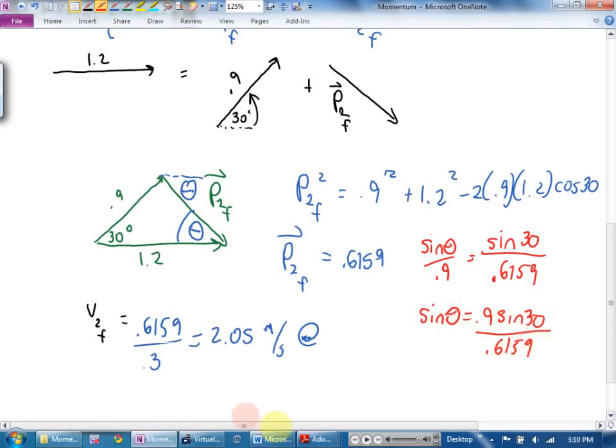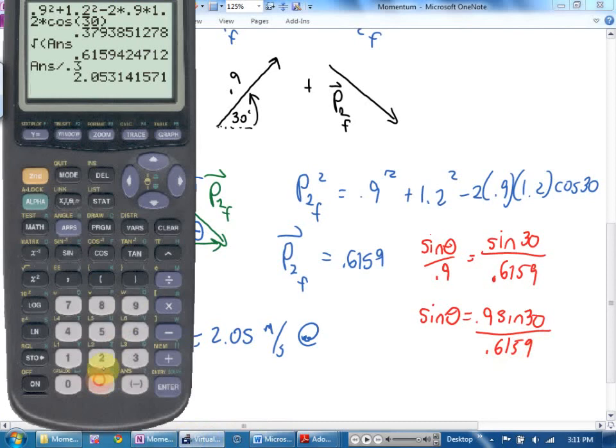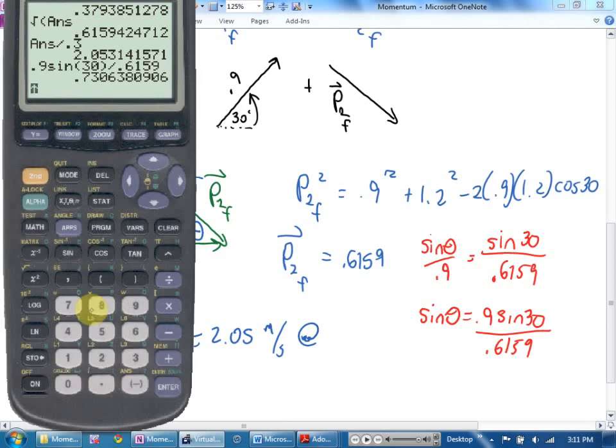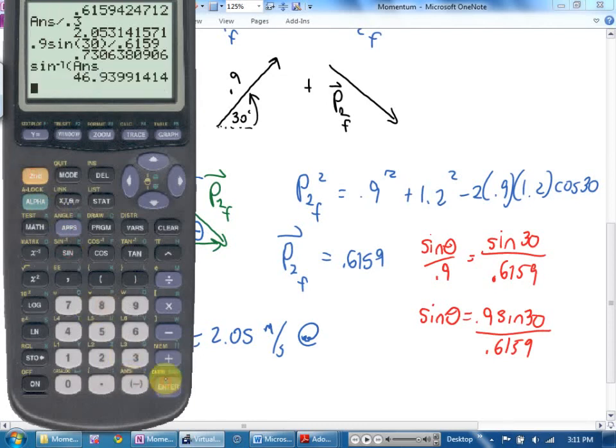I am in degrees now. 0.9 sine 30 divided by 0.6159. I get that decimal. That's the sine of theta. How can I find theta? Inverse sine of that. And you don't need to worry in Physics 12 about the CAST rule or anything like that, because we're staying always in Physics 12 in the top half of the circle, for those of you that are in Math 12.